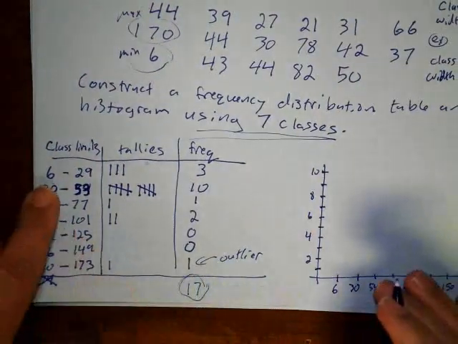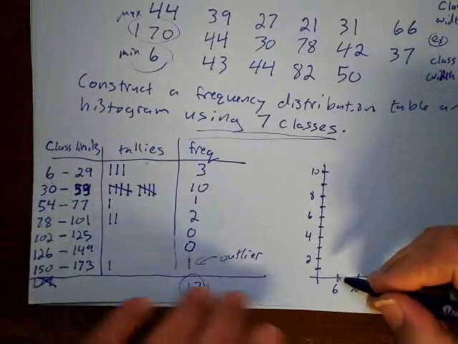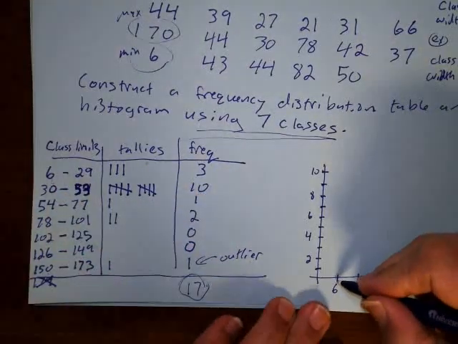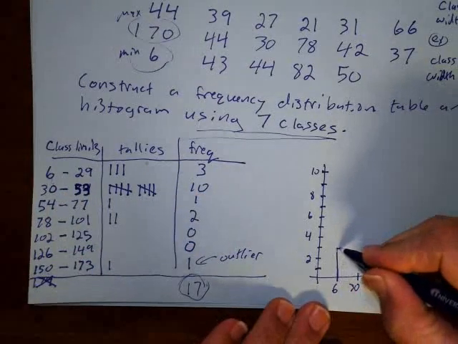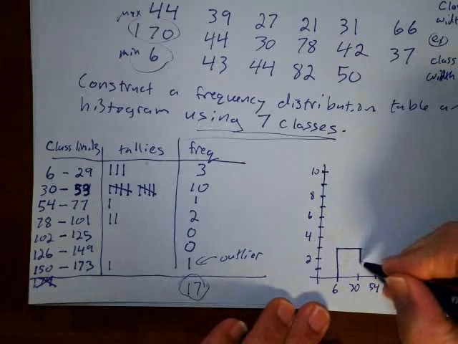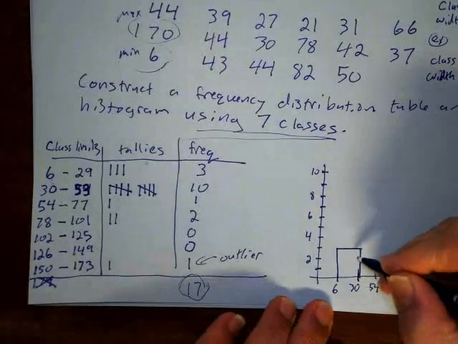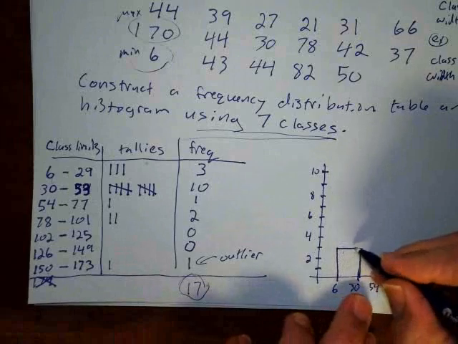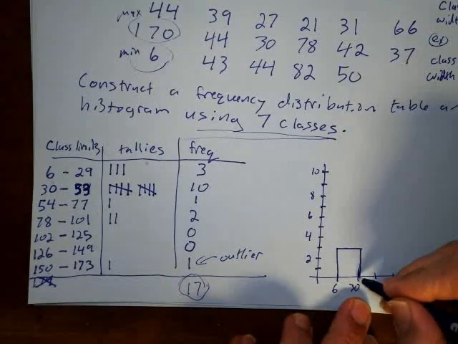And now this first class goes from 6 to 29, and there's 3 observations. So this will go up to 3, and then I'm going to bring it up to 30. Now you're fudging a little bit here because this doesn't go all the way up to 30. Okay, it goes up to 29, right?